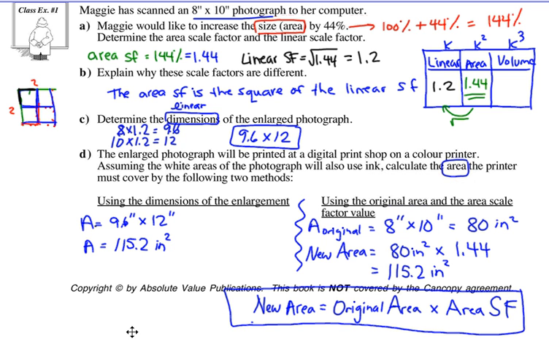So new area is original area times area scale factor, just like the new dimension was equal to the original dimension times the linear scale factor.